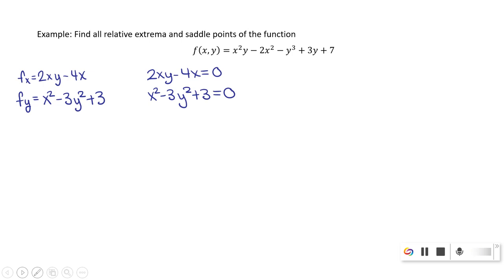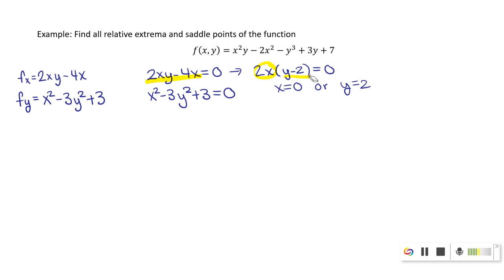I'm going to set both of these partials equal to 0 and see if I can solve. I think I'm going to start by focusing on my partial with respect to x, just because it looks a tiny bit easier to work with. It has only 2 terms in it, and in fact, I can factor this. There's a greatest common factor of 2x. So I can take a 2x out, and I'm left with y minus 2.